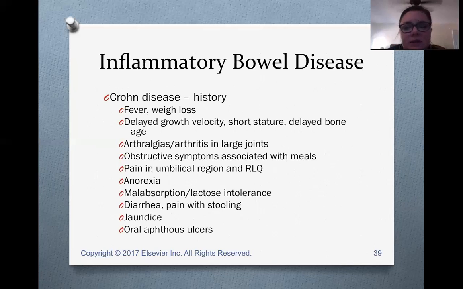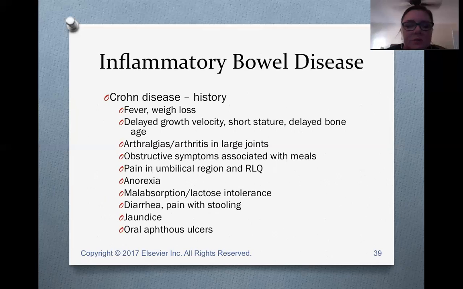No teenager likes to go into the bathroom at school, period. And then especially to have these exacerbations of diarrhea that they really almost can't control. So it definitely is a huge effect on their quality of life. And so we're starting to make some progress in treatment for Crohn's, but it is certainly a life-changing diagnosis.